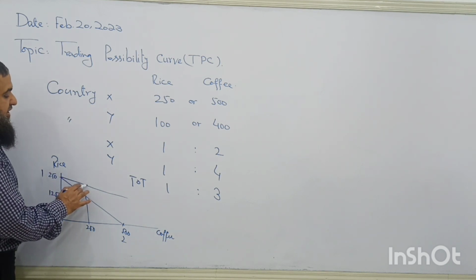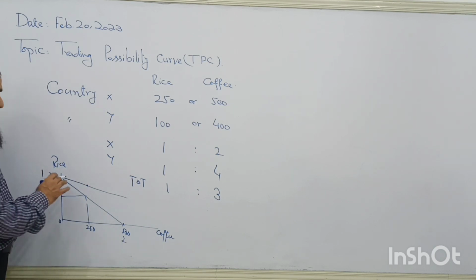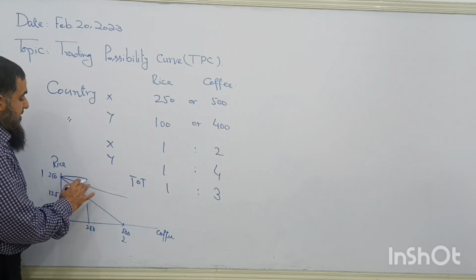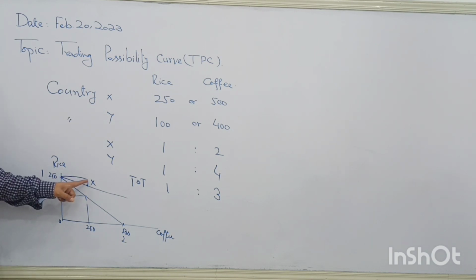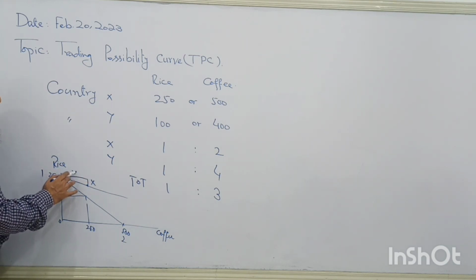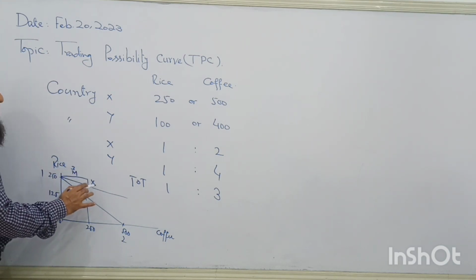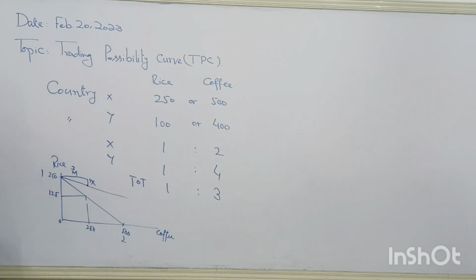So now the country is going to trade at this point, where the vertical distance shows us the export of rice, and this is the import of coffee. 3 tons are imported by exporting 1 single ton of rice.